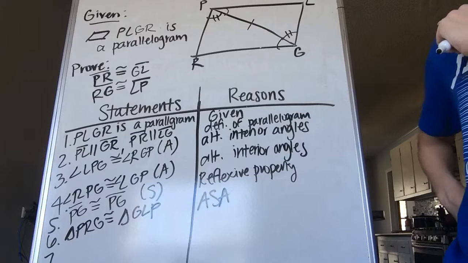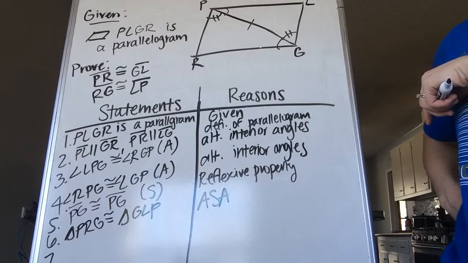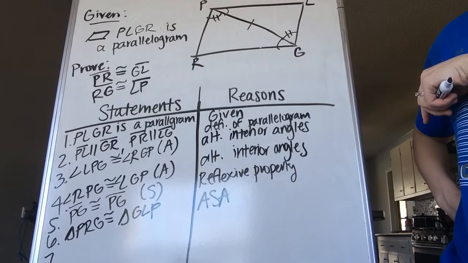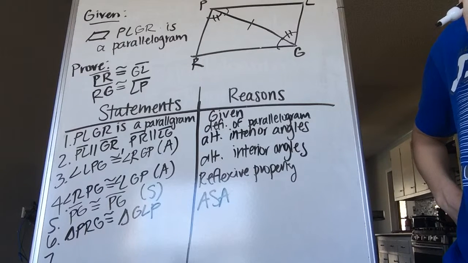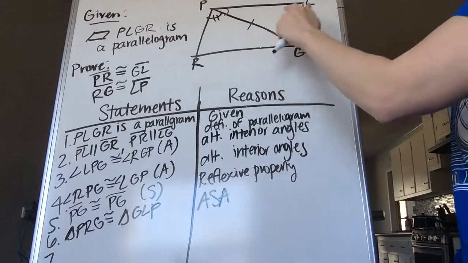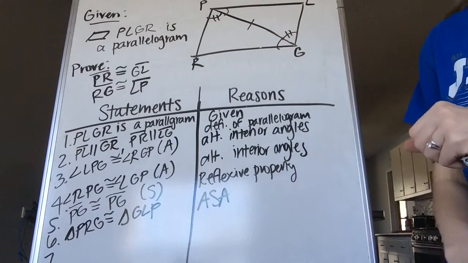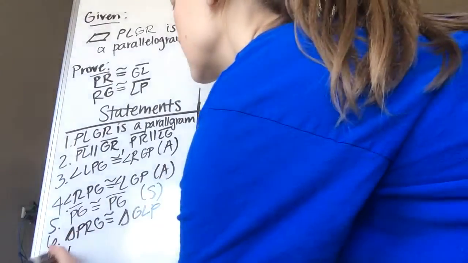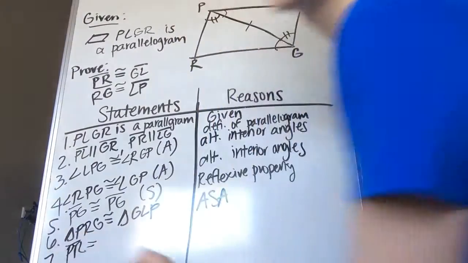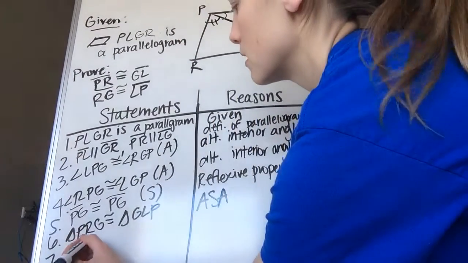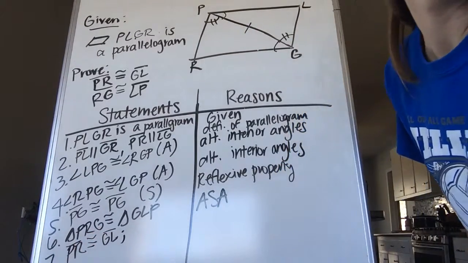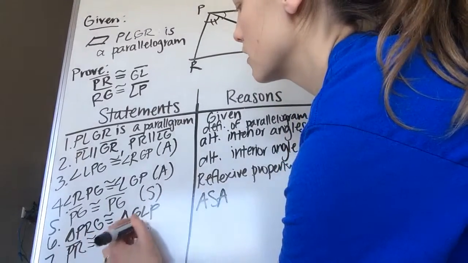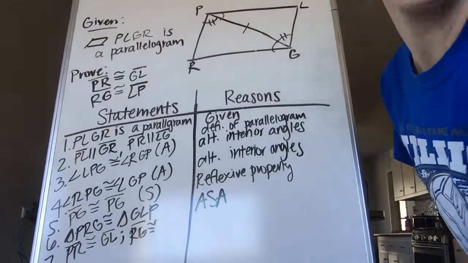So, based upon what we just said, corresponding parts of congruent triangles are congruent. We've established that these triangles are congruent. The parts that correspond are line segment PR, which corresponds to GL, and line segment RG, which corresponds to LP.